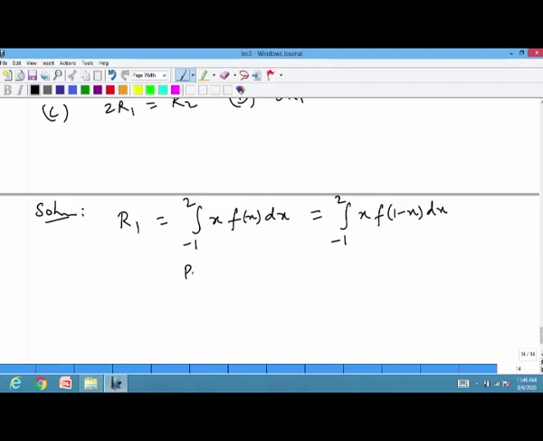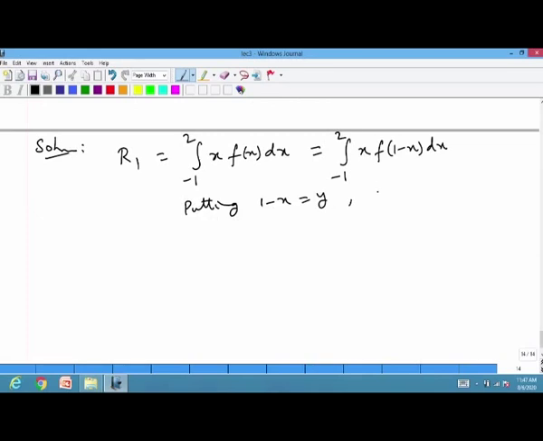Now, putting 1 minus x equal to y, we have this integral is equal to integral from minus 1 to 2 of 1 minus y times f of y dy.